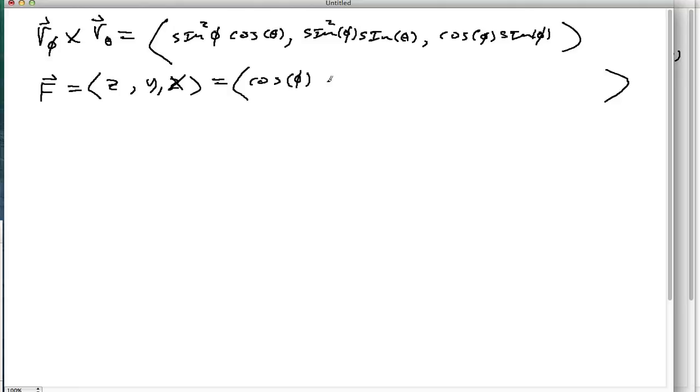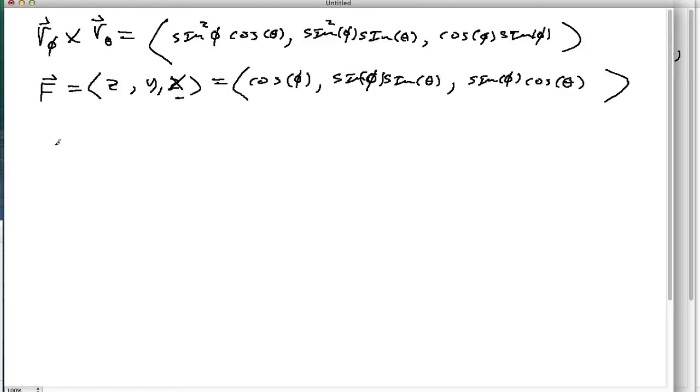And y was sine phi times sine theta, comma, and finally the z coordinate is equal to x, which is going to be sine phi cosine theta. Okay? All right.